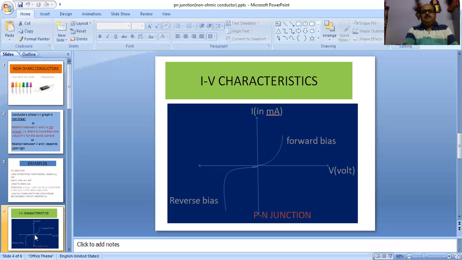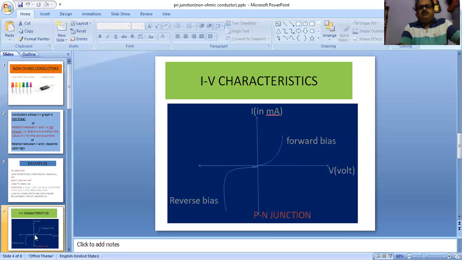You know that in a solid, there are two energy levels, and they are valence band and conduction band. Valence band is completely filled with electrons, whereas conduction band is empty.